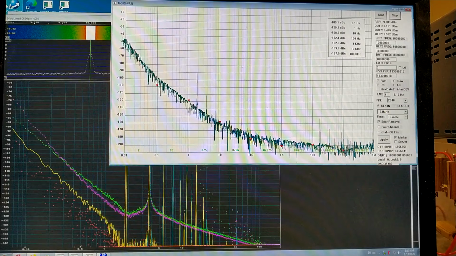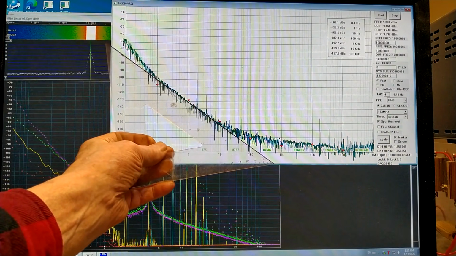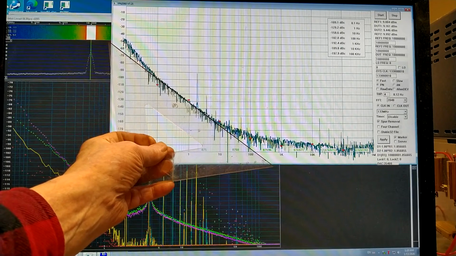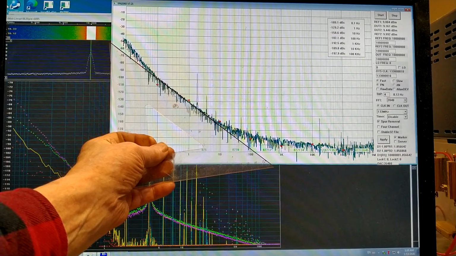Well, the problem has disappeared. When I look at this, I try to avoid the statistical things, because at 1 hertz there is a peak, and I don't think that is a real phenomenon, it's just statistics.